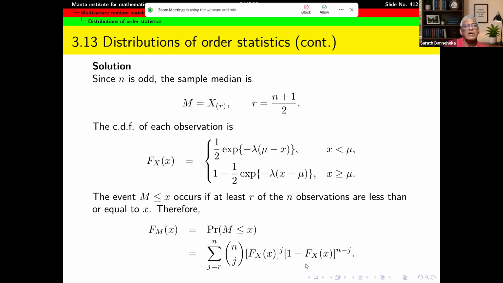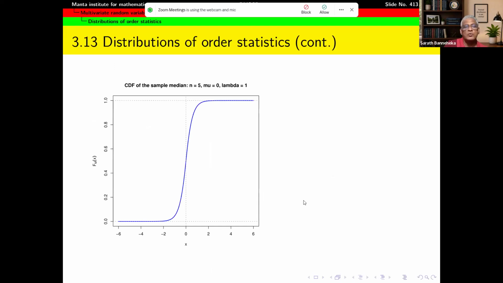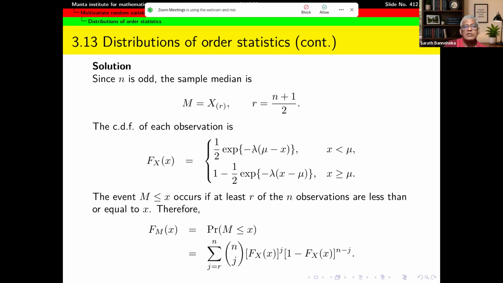I have actually drawn the cumulative distribution function of the median when the data are coming from a Laplace distribution with mu equal to 0 and lambda equal to 1, and I'm considering sample size 5. When x values are less than 0, I have to use this formula with the corresponding lambda and mu.